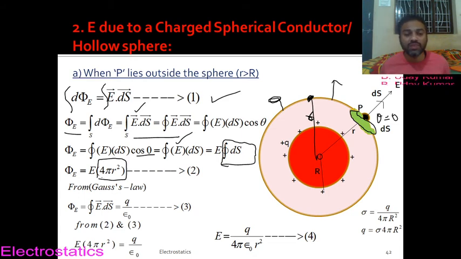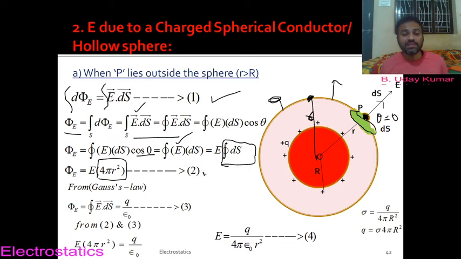Most of the students get confused here, because in this topic we have two r's, one is small r and another one is capital R. So please, you should not get confused. So the total electric flux becomes capital E times 4 pi small r square.